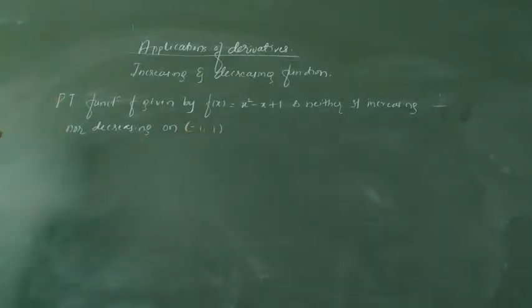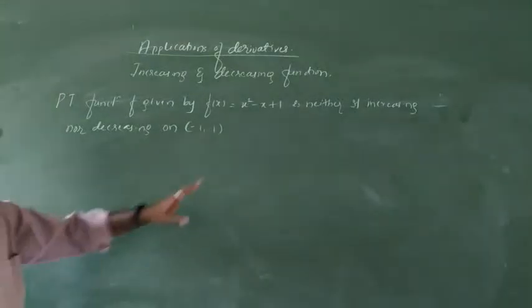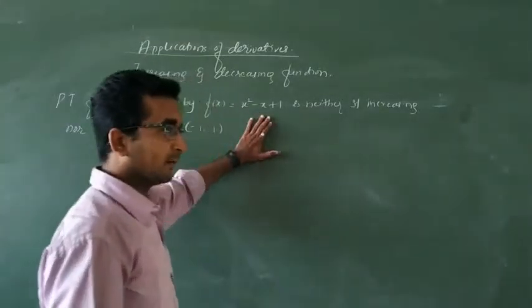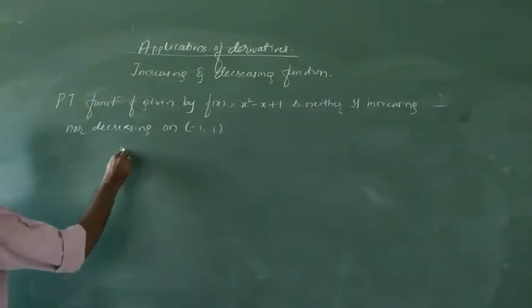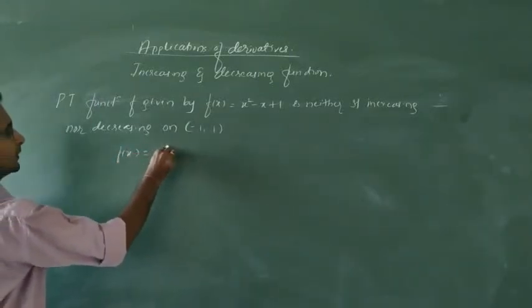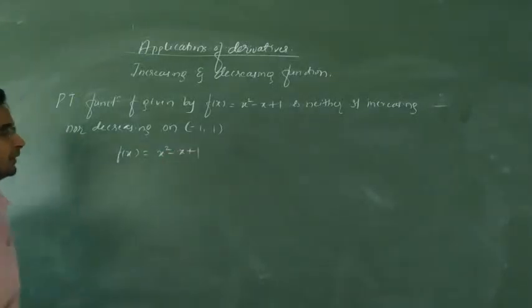So we have to prove that the given function is neither increasing nor decreasing in this interval. Okay. So f of x is nothing but x square minus x plus 1.